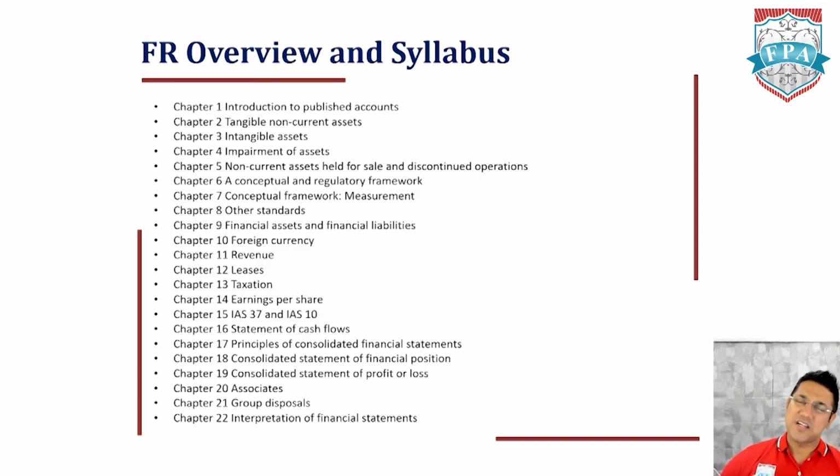Then moving on to other standards. Other standards is a combination of multiple standards, like IAS 8, IAS 10, IAS 2. So there are multiple standards that come in this chapter, right? Then there is a very interesting chapter 9, which is financial assets and financial liabilities.